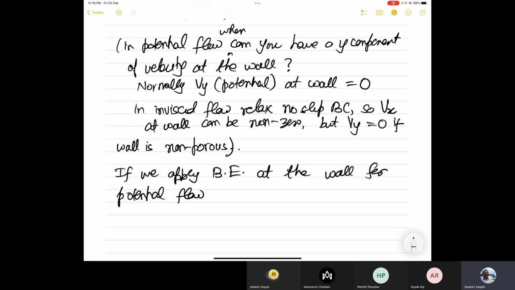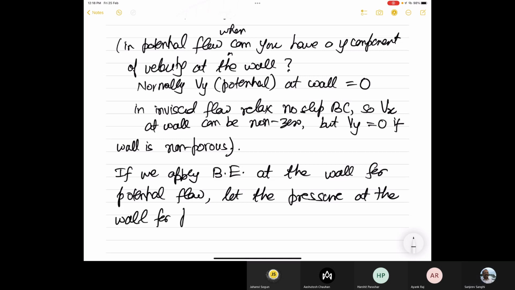But in the potential flow, let the pressure at the wall for potential flow be given by capital P of X.